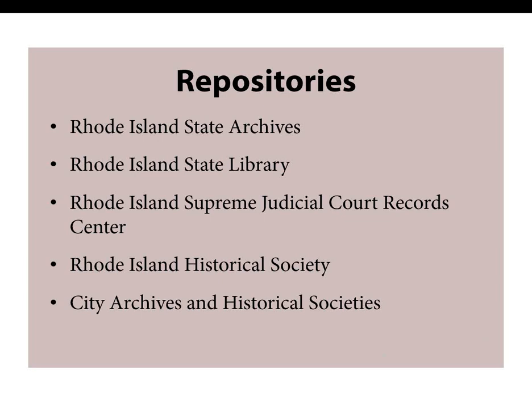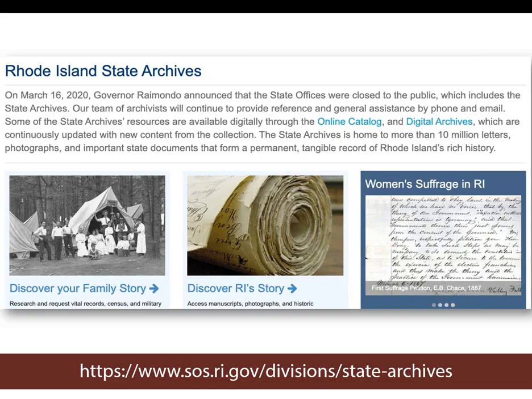When Family Search's people go into areas, they don't just go into the town halls, they also try to get records from other places. And so some of the records that you might be interested in may be available someplace where you can access them without having to physically go to one of these repositories. Each of the repositories, I have included the URL. It's included in your handout, so we're not going to worry so much about that.